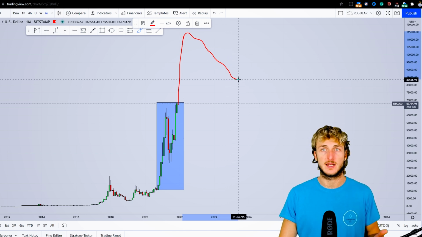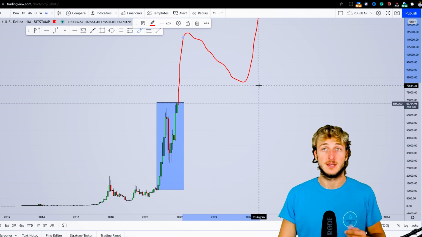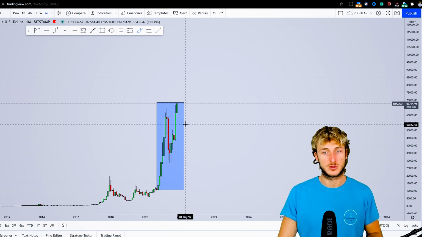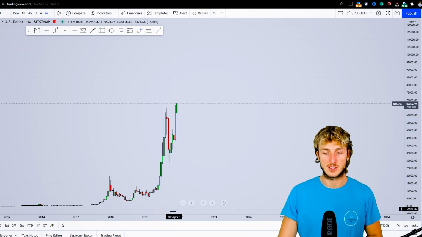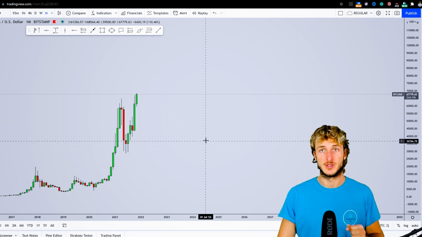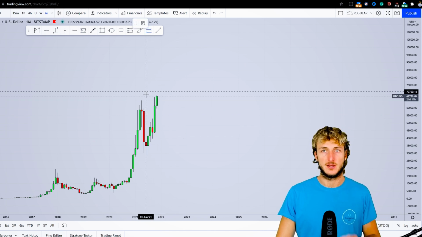Then we will have the next halving event in 2024, and then the next cycle should start. So here in the monthly, in the short term, I expect very bullish price action for all November and also December.